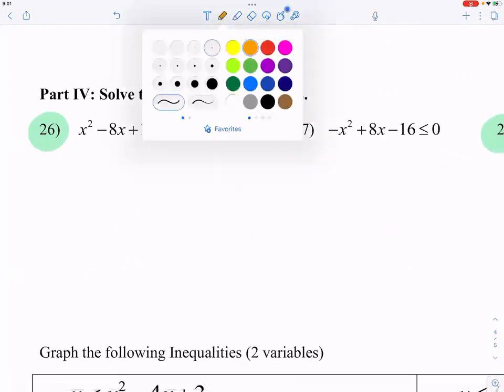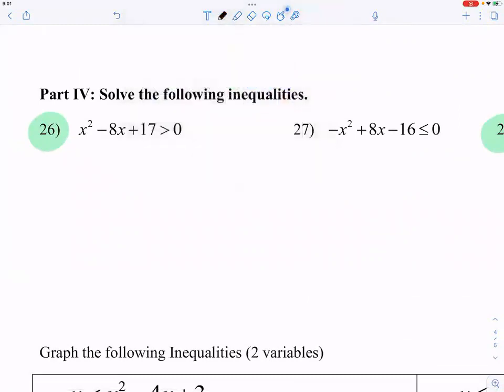Let me go ahead and give you something a lot friendlier. Could you go ahead and cancel this one out? Instead, write the following: x squared minus 11x plus 18.